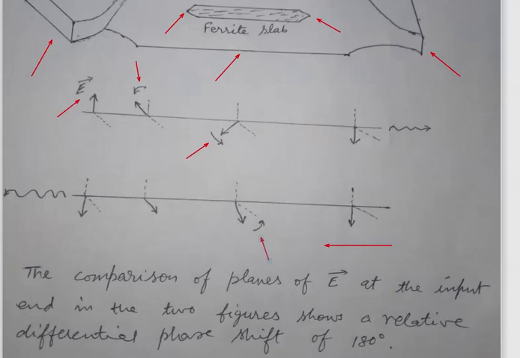But when it passes through the 90 degree twist section, the next rotation will be in a direction so as to cancel this earlier rotation. So the resultant polarization is obtained as compared to the incident wave at the input end.